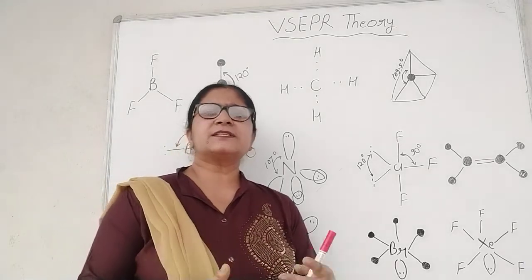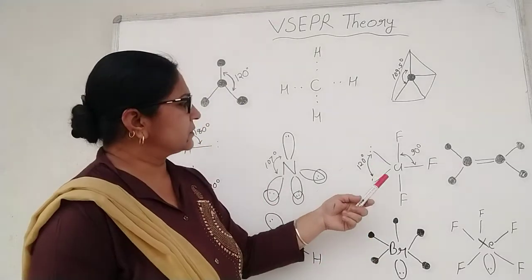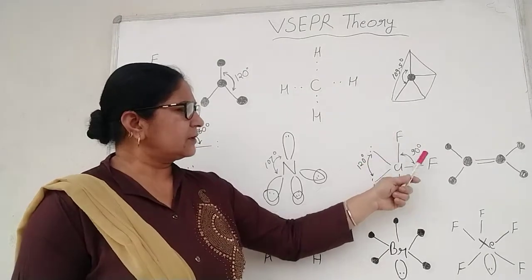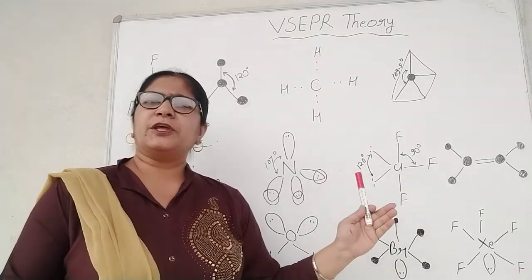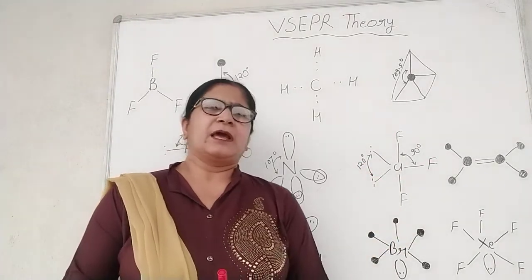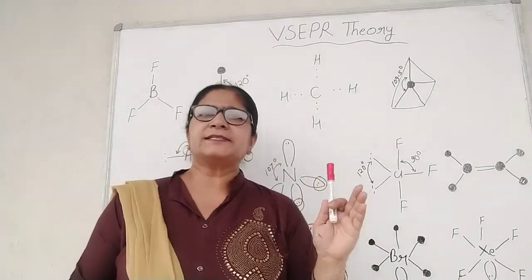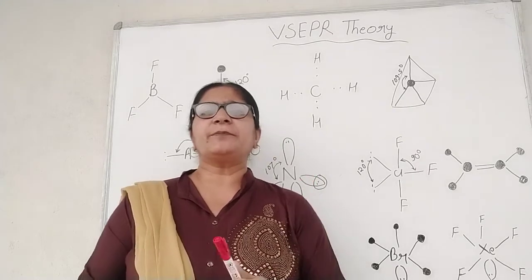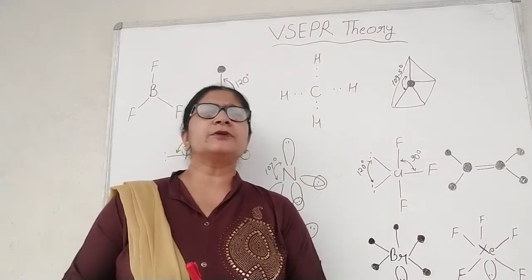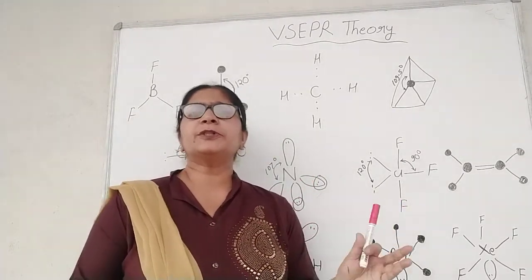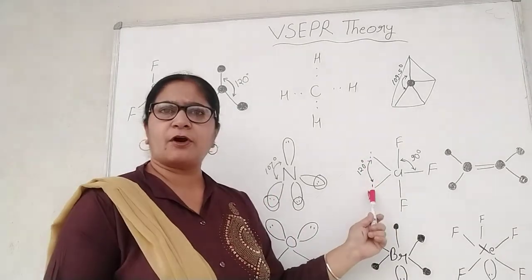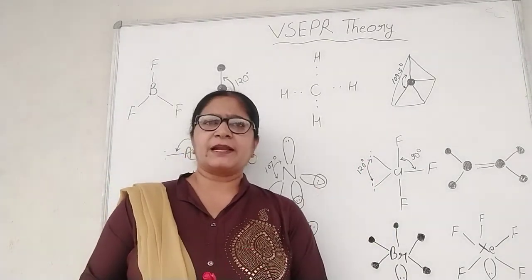The next example is chlorine trifluoride. The molecule is T-shaped and its bond angle is 87 degrees 40 minutes. The molecule's shape is distorted due to the two lone pairs of electrons on the central chlorine atom.